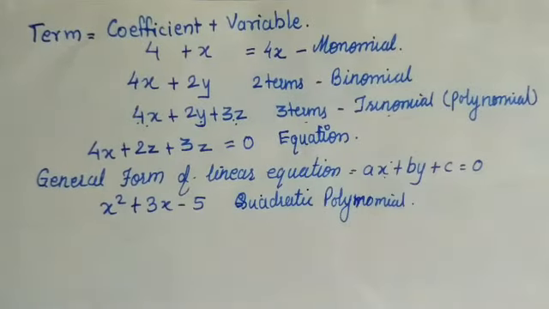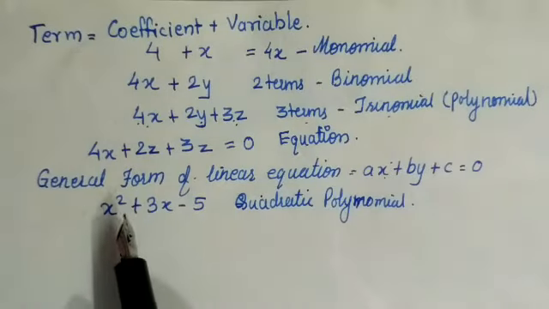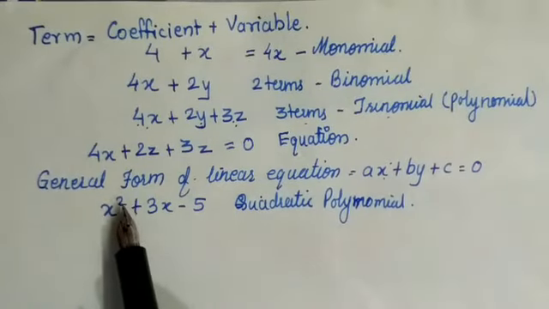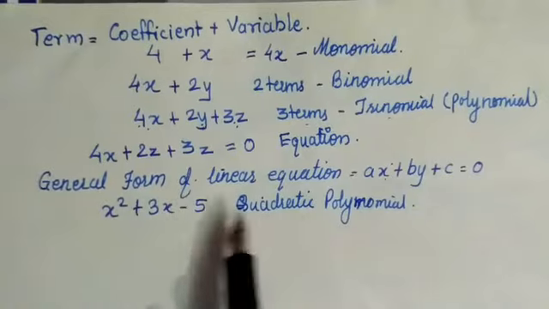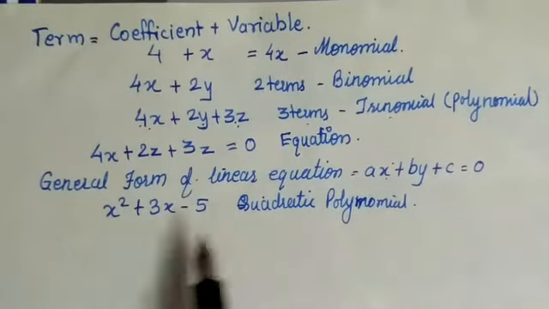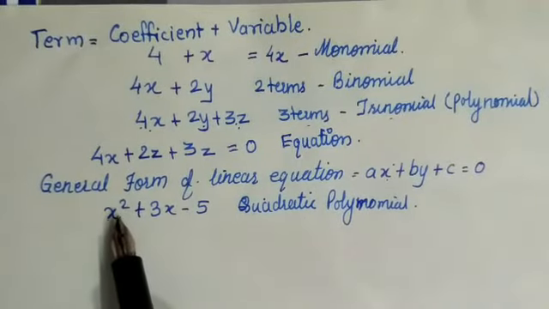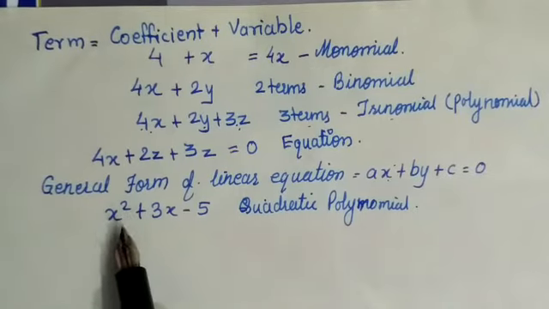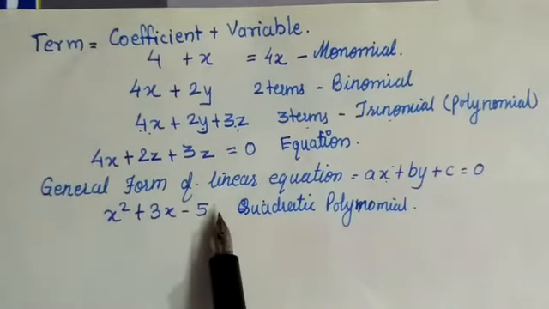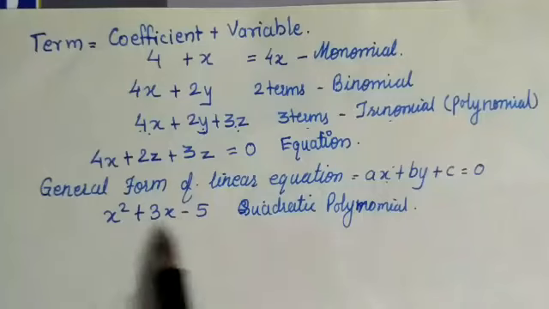Next one is the quadratic polynomial. In a polynomial, if the highest degree of the variable is 2, then it is called a quadratic polynomial. Take the example x square plus 3x minus 5. This is a quadratic polynomial. Here the highest degree of the variable is how much? 2. So this is a quadratic polynomial. It is not compared with anything, so we can't say this is a quadratic equation.